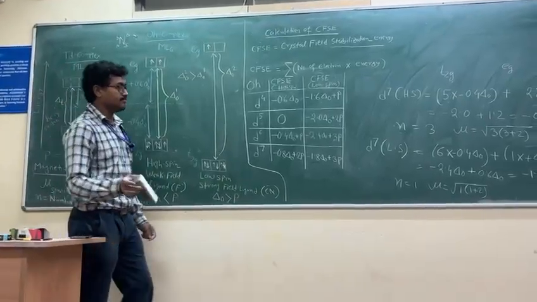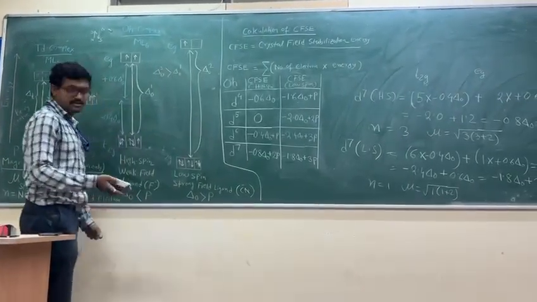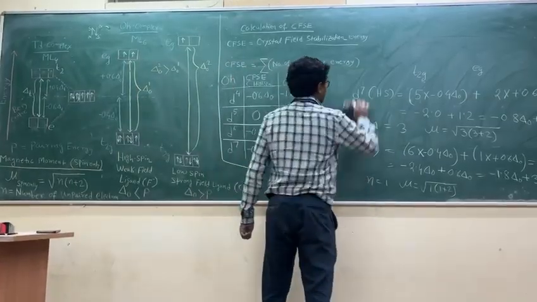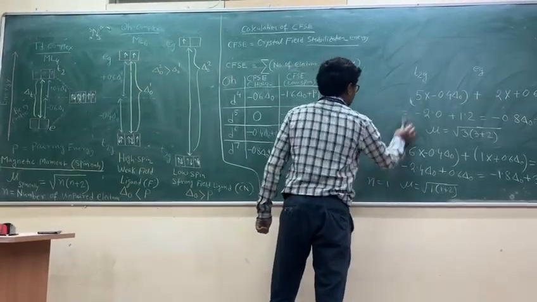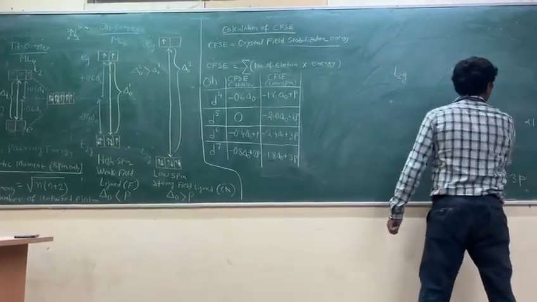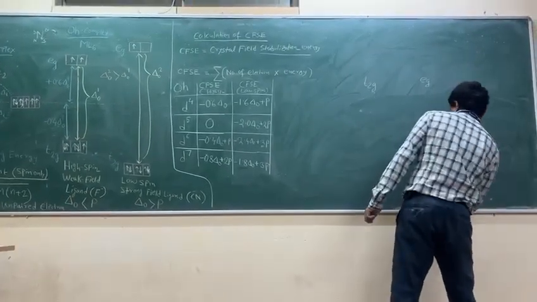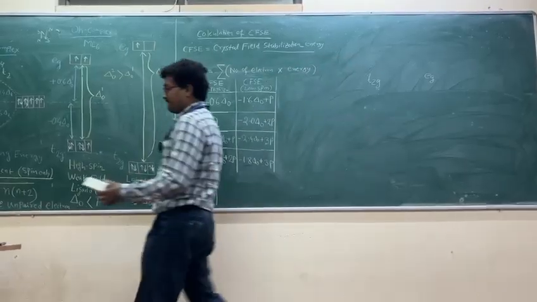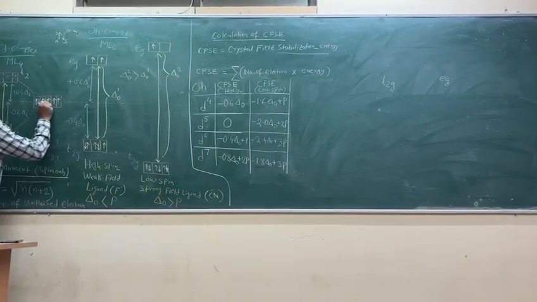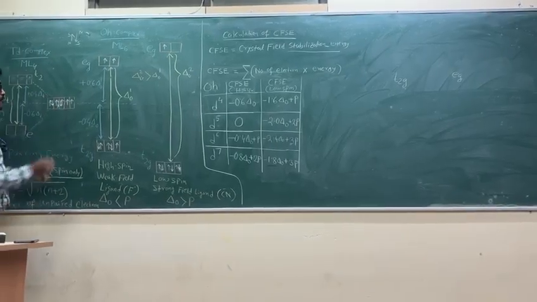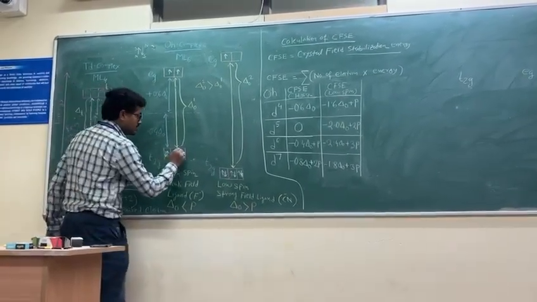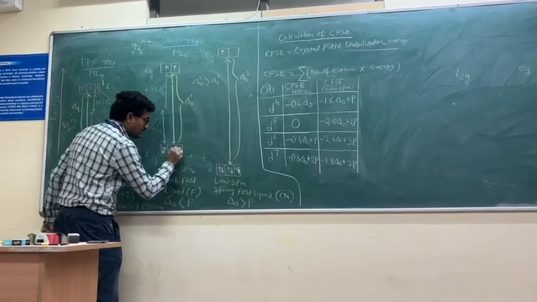Now the d8 system. In the d8 system we will get something interesting. Now d8 means this is the 8th electron. In the case of the high spin complex, this 8th electron will come here, to the lower t2g level, right?